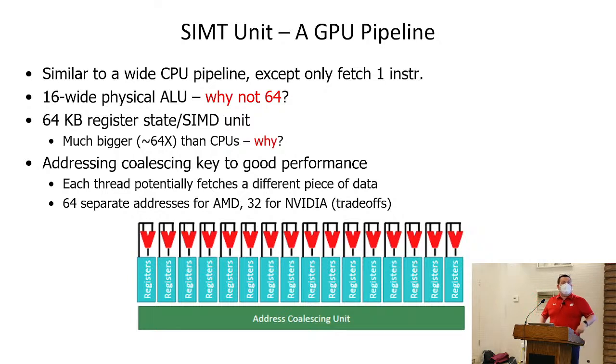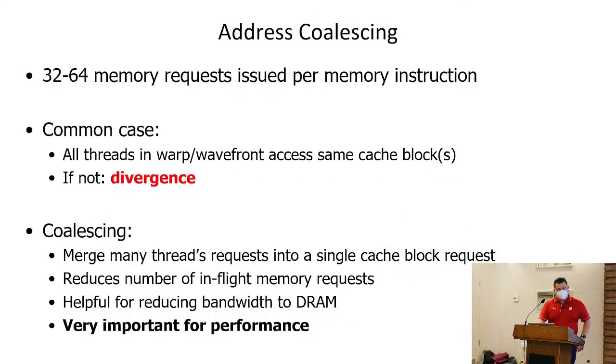So unlike in a CPU, it's about 64 kilobytes of register state per SIMD unit, which is about 64x bigger than the equivalent space would be on a CPU. So we're devoting a lot of space to these registers because that's very important to feeding these instructions through our pipeline. We talked about coalescing already, so I'm going to skip through this.